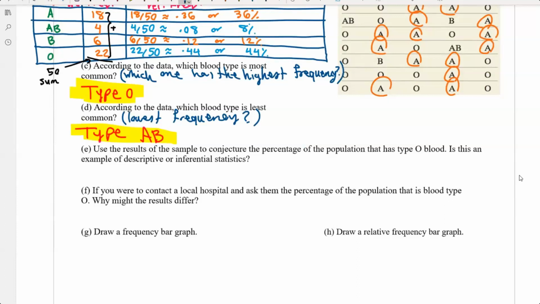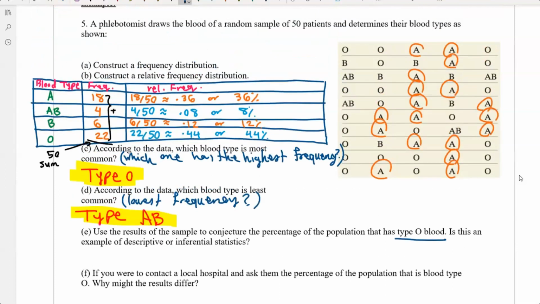Now part E. Use the result of the sample to estimate the percentage of the population that has type O blood. Is this an example of descriptive or inferential statistics?